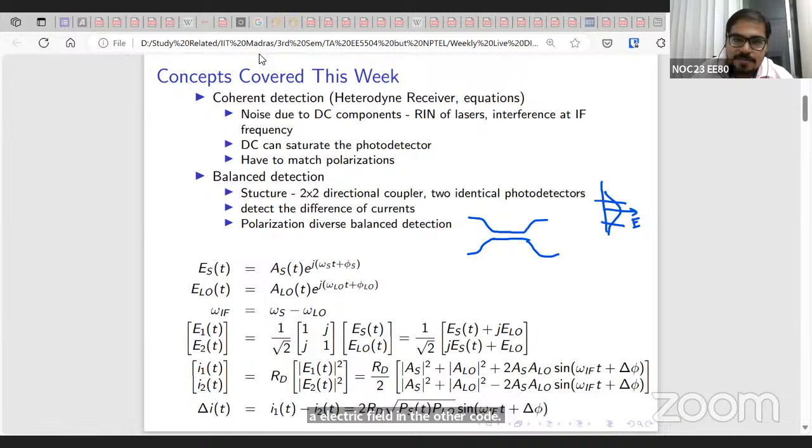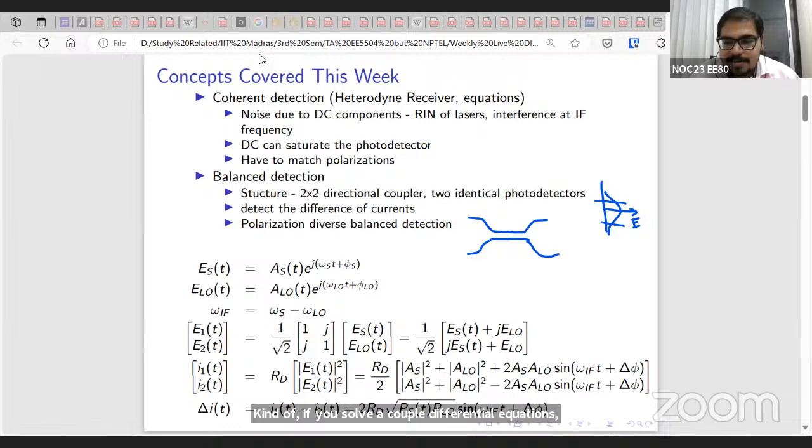This was briefly touched on in last week's content. Because of this kind of coupling, if you solve the coupled differential equations, you get this J term.